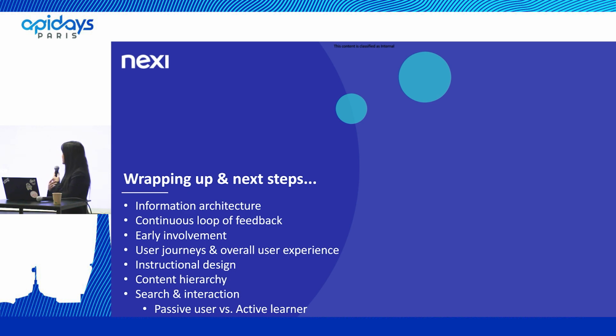Yeah, wrapping up and looking into maybe next steps. With technical documentation, there's a lot of talk about the information architecture and how you want to have APIs displayed. Sometimes it can be hard if there's a long scroll of a lot of information.